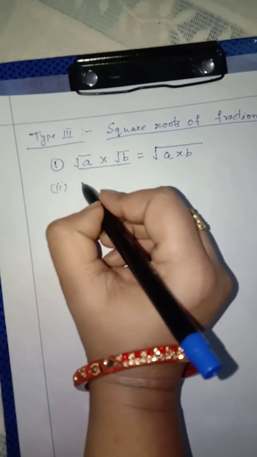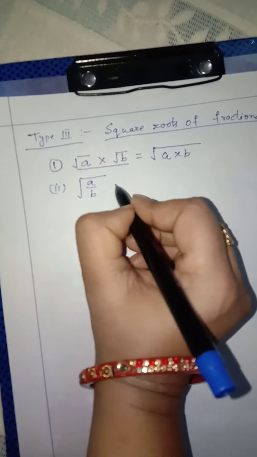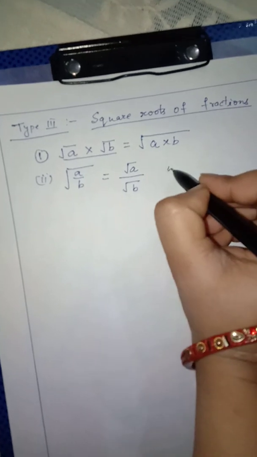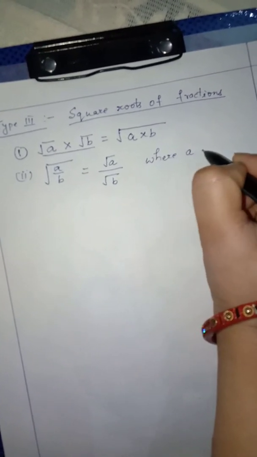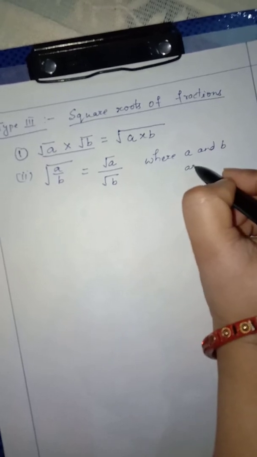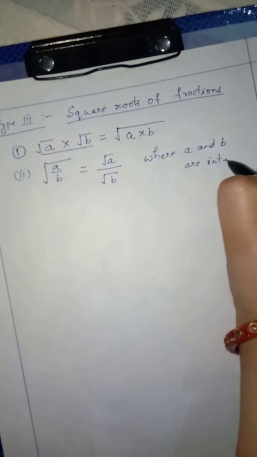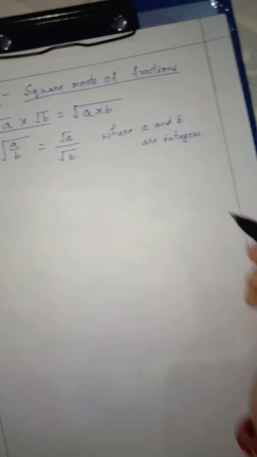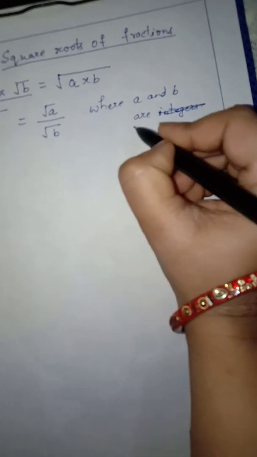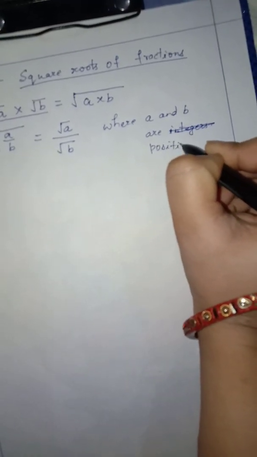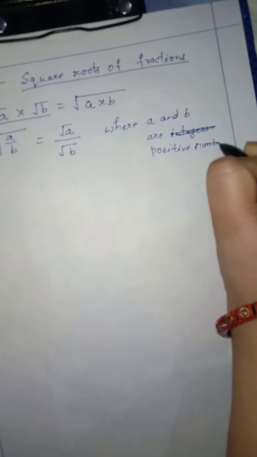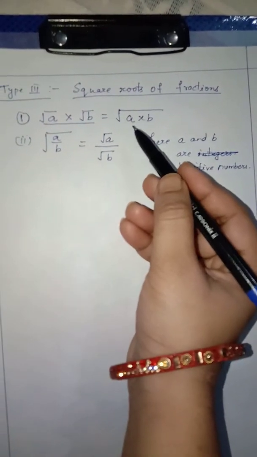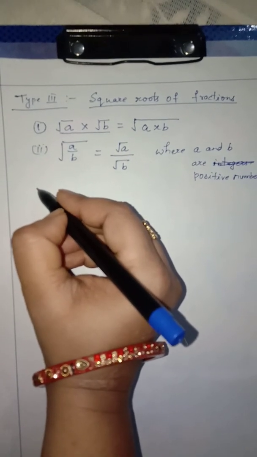If our question is in this form, square root of a by b, it means root a divided by root b, where a and b are positive integers. So we will keep two formulas in our mind.